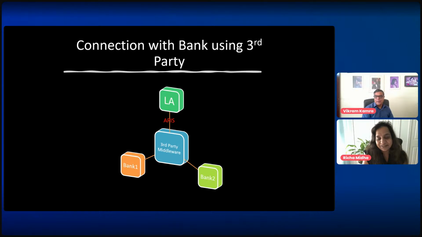This is how our traditional setup works right now. I would say 98% of our customers are using a third party. I will not name the name. How it works is the third party has a middleware, they integrate with the banking, and they bring all the transactional data inside their middleware, and then they send it to Law Accounting or any other accounting software using APIs.